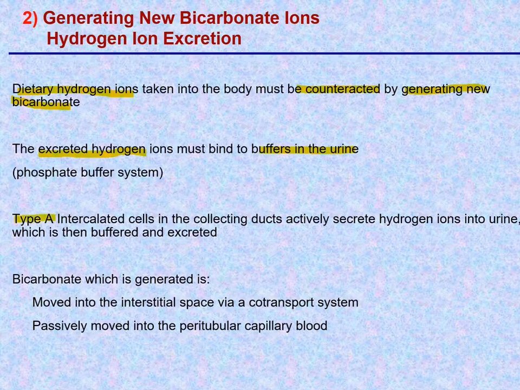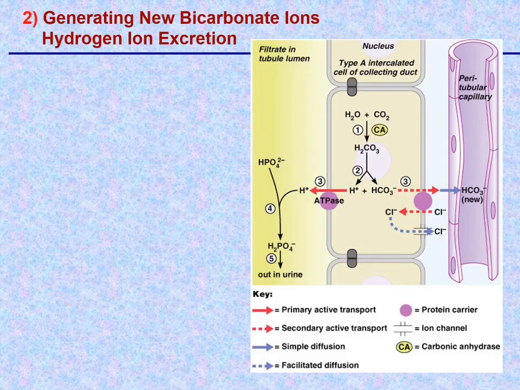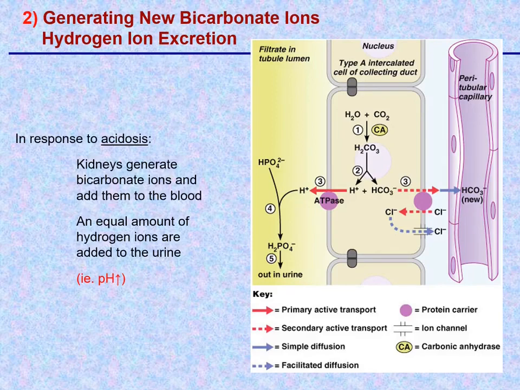I wouldn't worry about which cell does this, but it's in the collecting ducts that secretion or excretion of hydrogen ion occurs, and it gets buffered and excreted out. The new bicarb that is generated through this will move into the interstitial space and then into the peritubular capillaries.